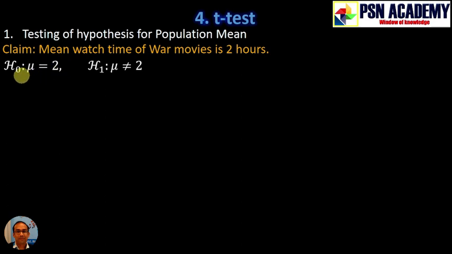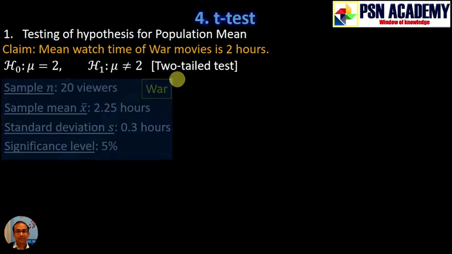So our null hypothesis will be mu equal to 2, and alternate hypothesis mu is not equal to 2. So this is a two-tailed test, because mu not equal to 2 means mu may be less than 2 or mu may be greater than 2. So on both sides, the mu may be existing. For that reason, it is a two-tailed test.